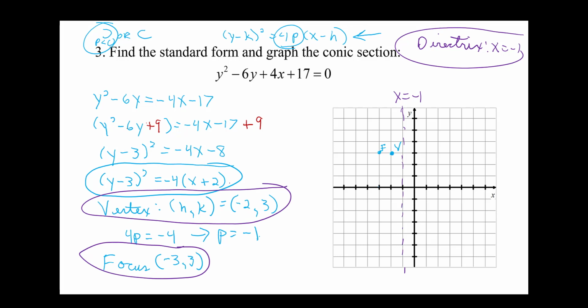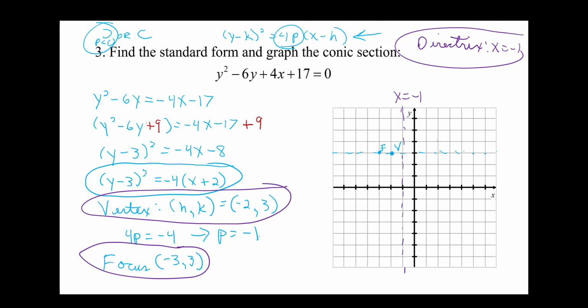So to sketch a parabola, once we have the focus, remember, we do have an axis of symmetry going on here. Through the vertex and through the focus, we have an axis of symmetry. Our axis of symmetry in this case would be the line y equals 3.